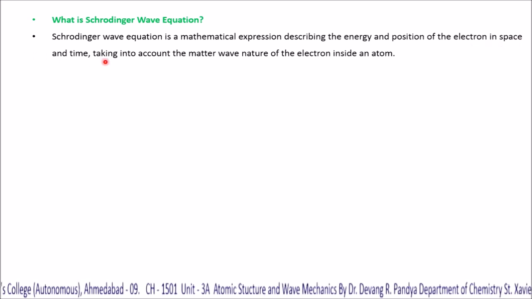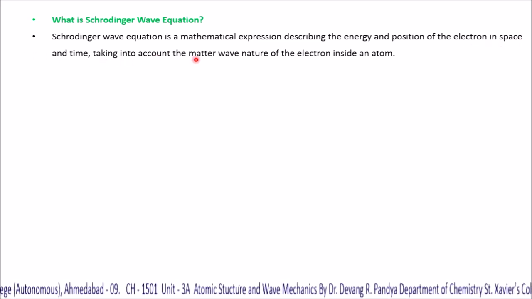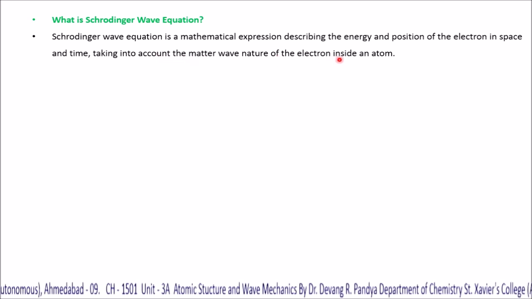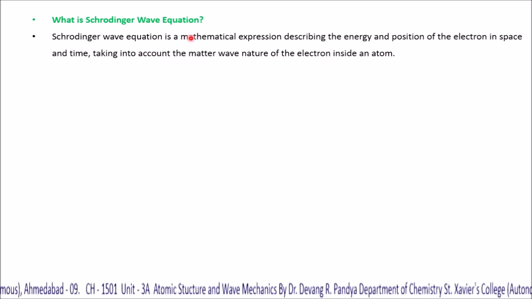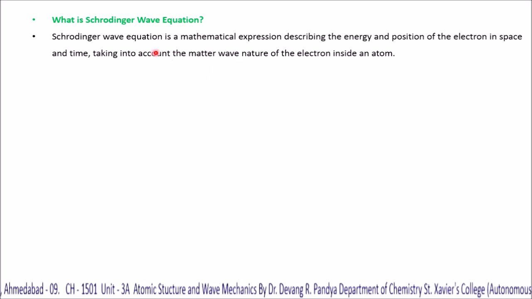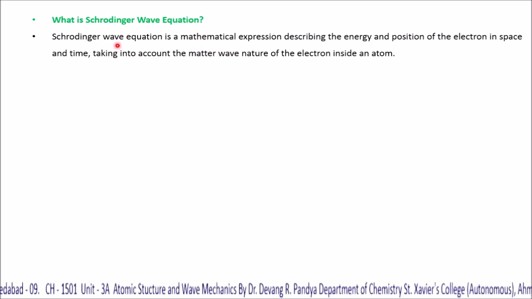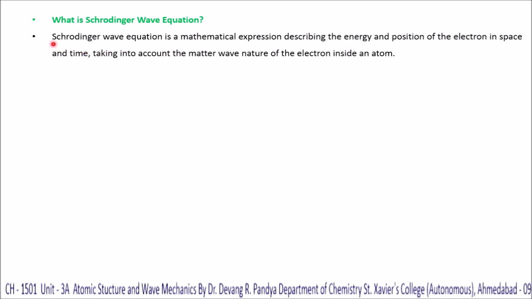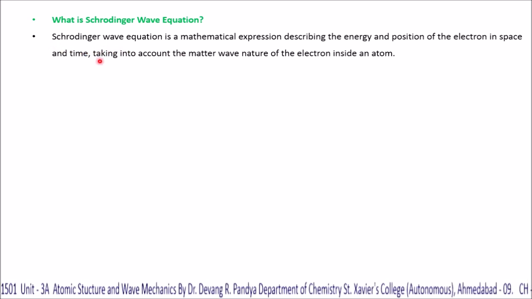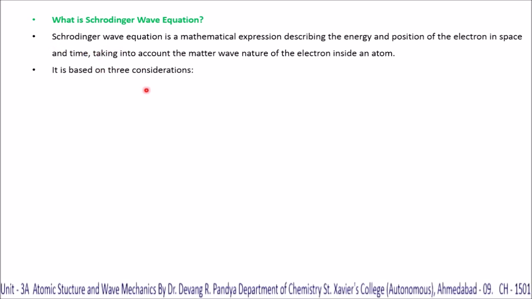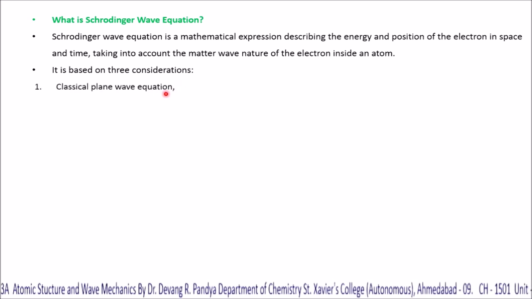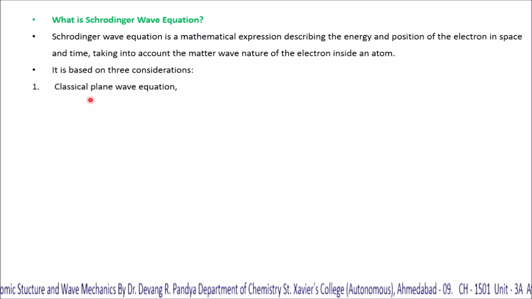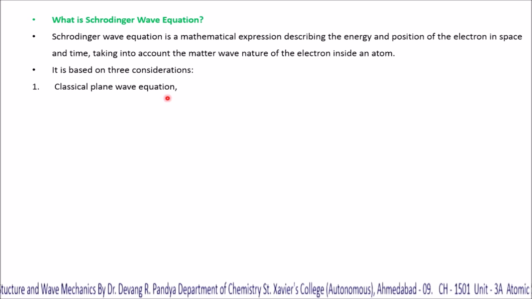Taking into account the matter wave nature of the electron inside an atom, when this kind of calculation is done, it should be represented in a mathematical expression form, which is considered as Schrodinger wave equation. It is based on three considerations. Number one, classical plane wave equation.